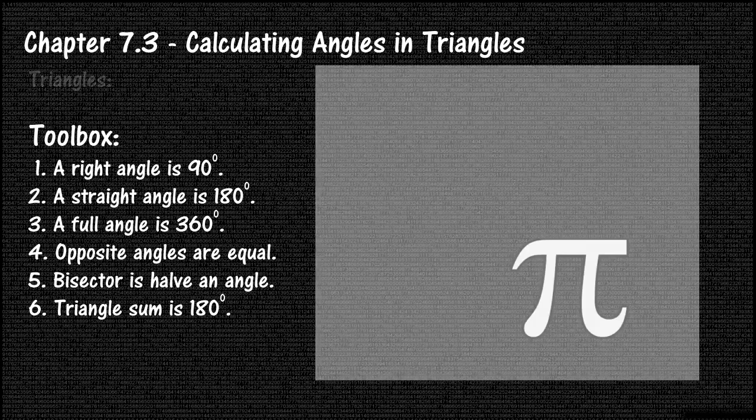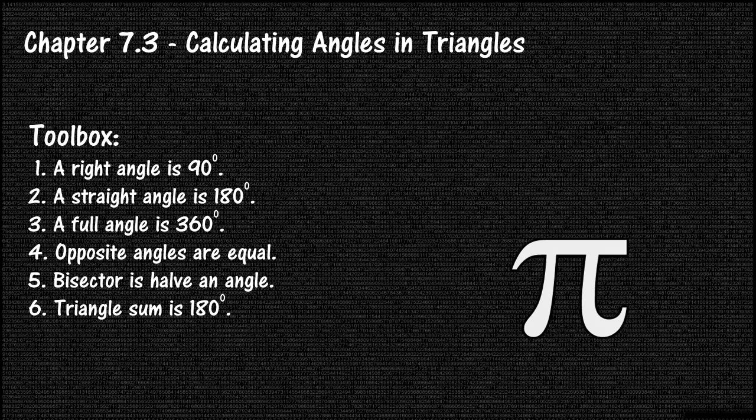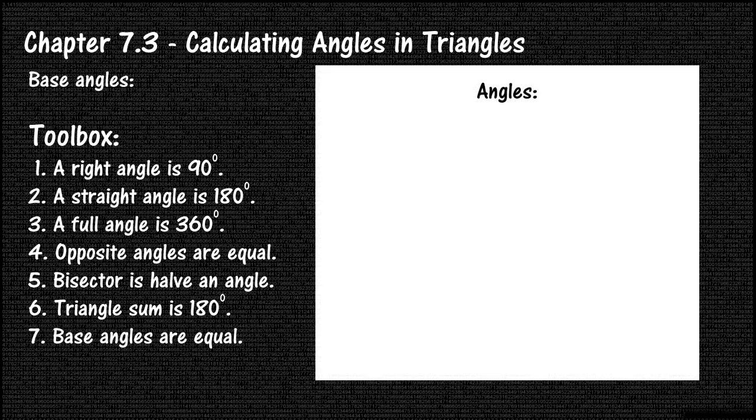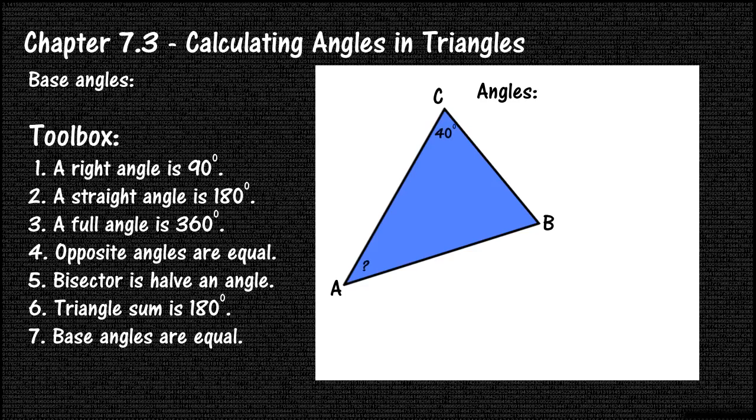On to the next. Number 7 is the use of base angles. Base angles are the equal angles in an isosceles triangle. By using this in combination with rule number 6, we can calculate the angles in even more triangles. An example. In this triangle, we see these symbols on the side, meaning they are the same size and thus we're speaking of an isosceles triangle.